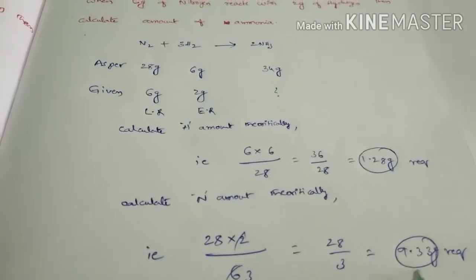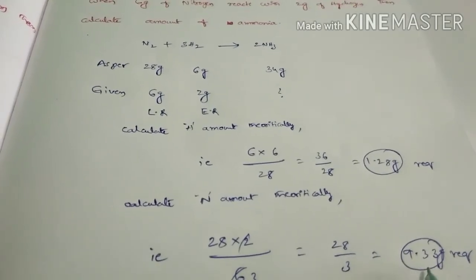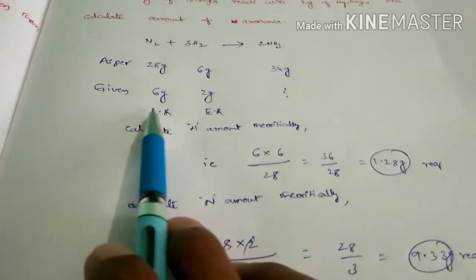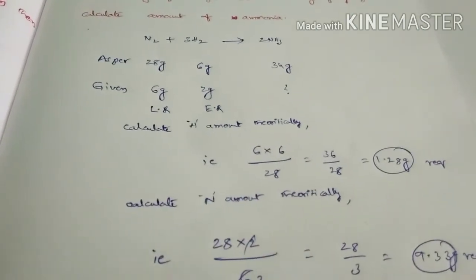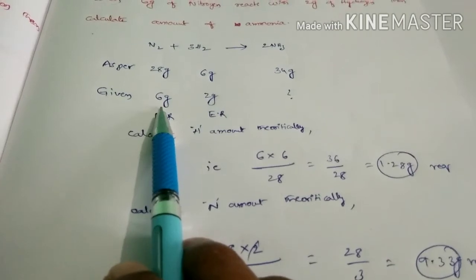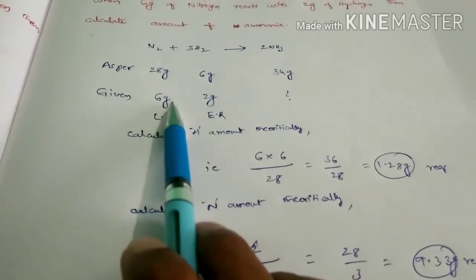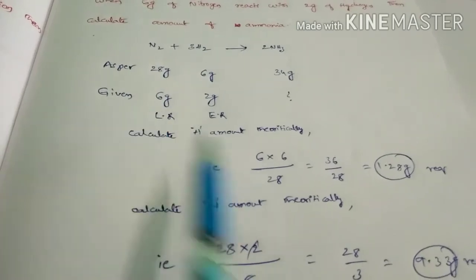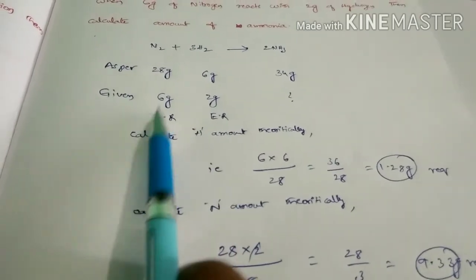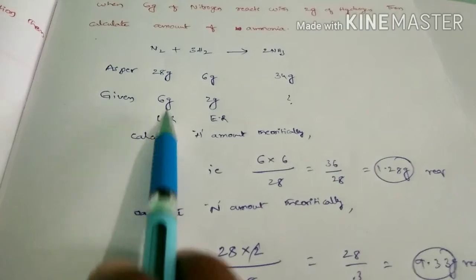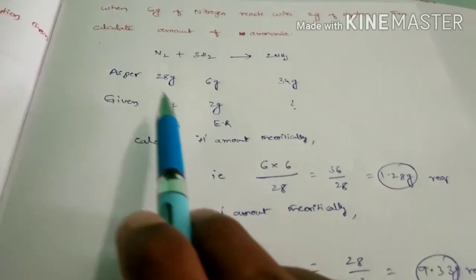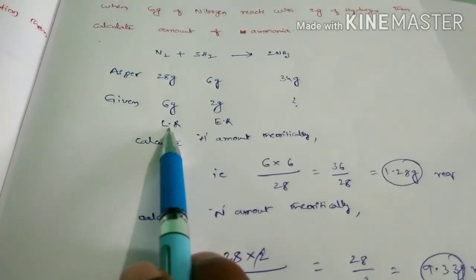So the required amount is more than the given amount. If the required amount is more than the given amount, automatically that part will be the limiting reagent. So nitrogen is considered the limiting reagent.